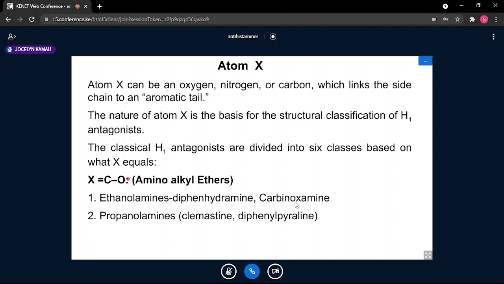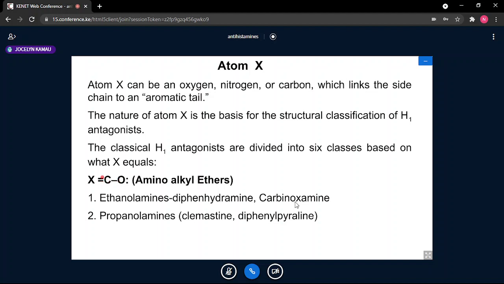X can be carbon-oxygen, which is the aminoalkyl ethers, which we have looked at. Again, you are able to look at your handout. But now I hope you have understood. That's why I said we cannot call it just an oxygen, because there is a carbon-oxygen. It's not like where you have a nitrogen or where you have a carbon.